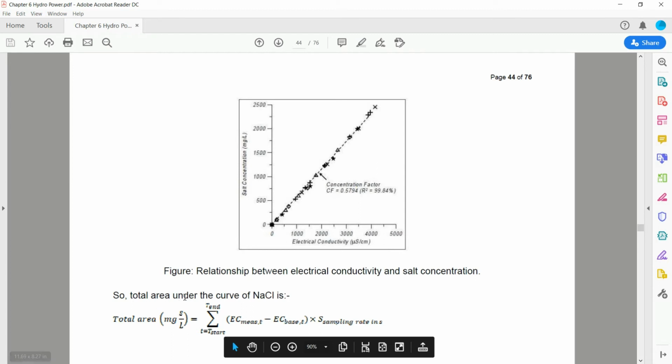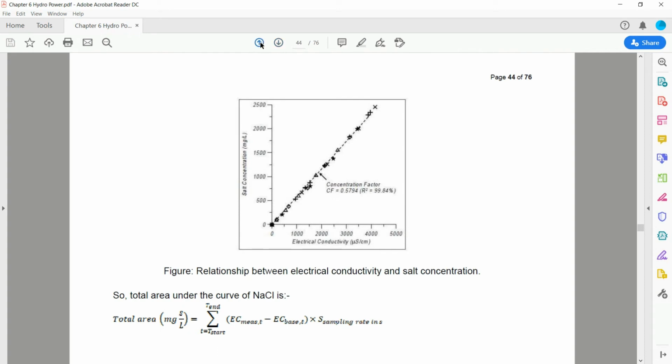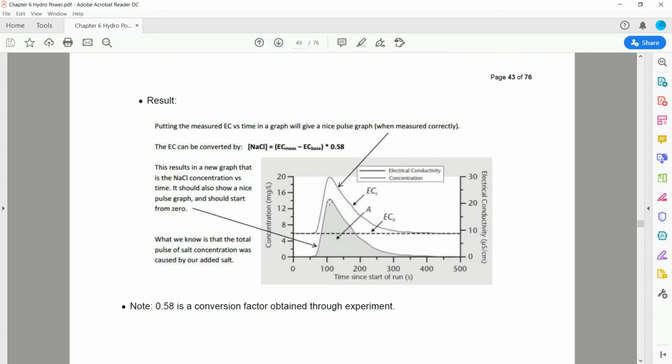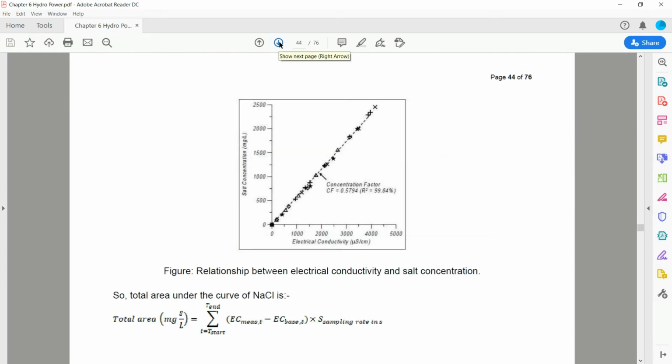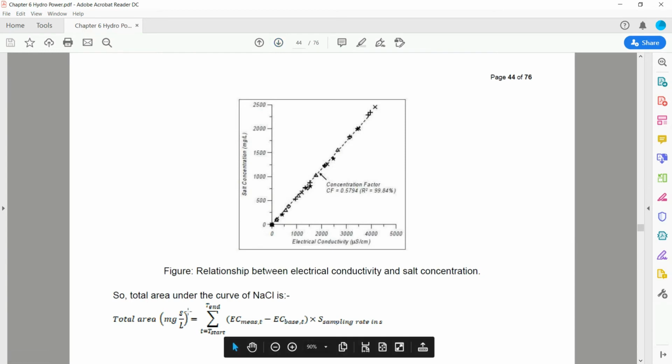So the total area under the curve of sodium chloride, now you calculate the area. So this is the area, the grey color A. Total area equals, from start time to end time, EC measured minus EC base multiplied with the sampling rate in seconds.